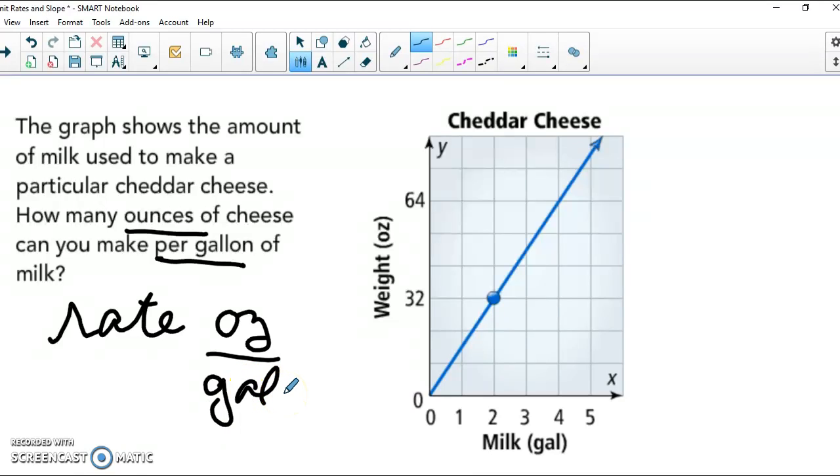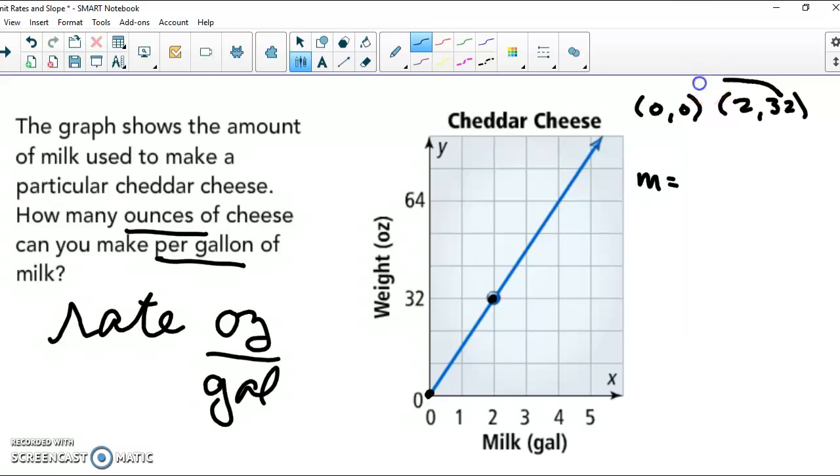So as I look on my graph, I see 2 points here I could use to calculate the slope. My first point is (0, 0). My second point is (2, 32). So to find the slope of this line, because remember that's how I'm going to find my unit rate, or my rate of ounces per 1 gallon of milk, I'm going to go ahead and subtract.